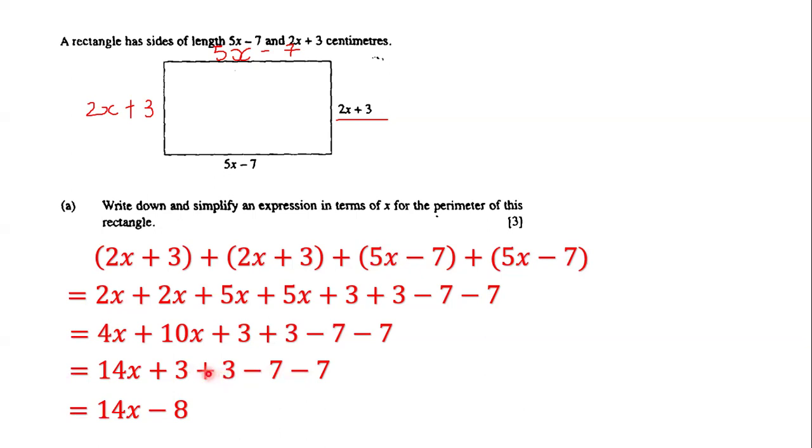So we basically have 6 minus 14, and 6 minus 14 is definitely negative 8. Again, 6 because 3 plus 3 is 6, and negative 7 and negative 7 is negative 14, so 6 minus 14 is negative 8. And so we have 14x minus 8, and that's our answer here.